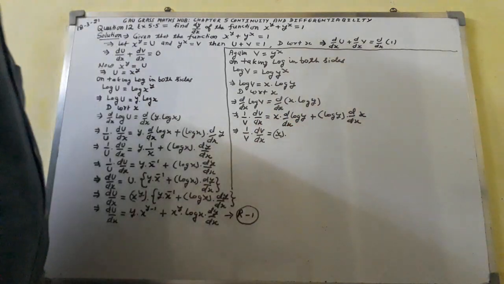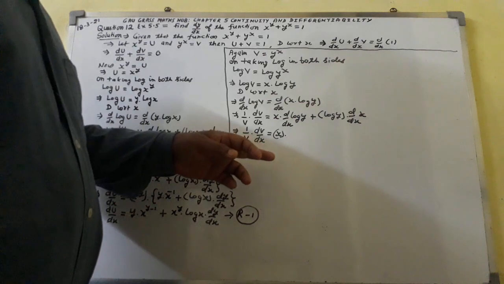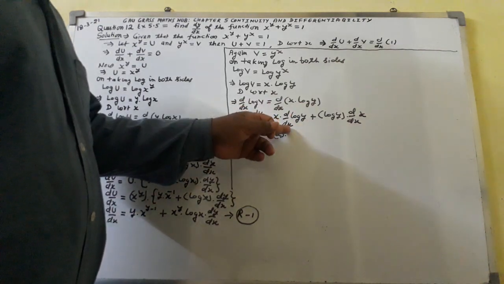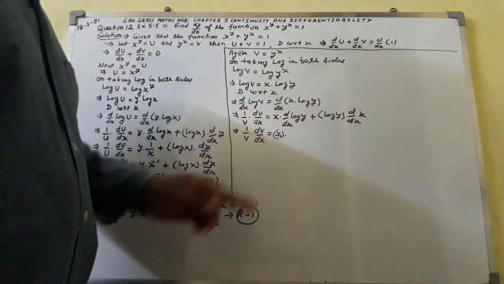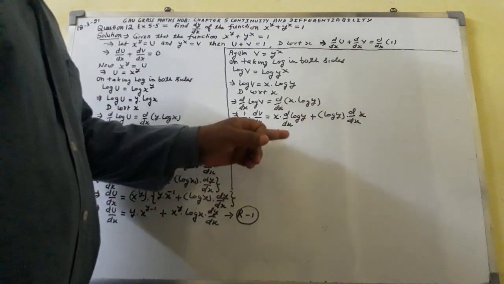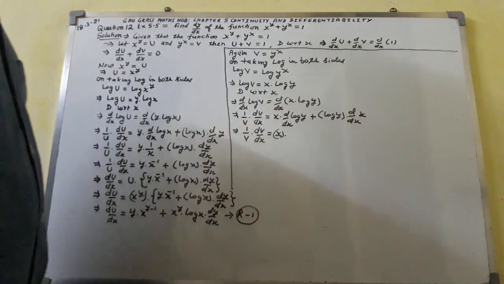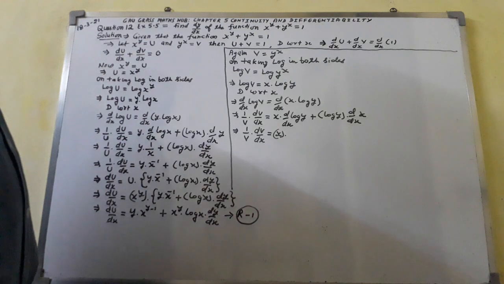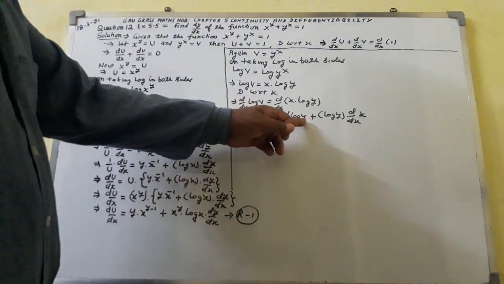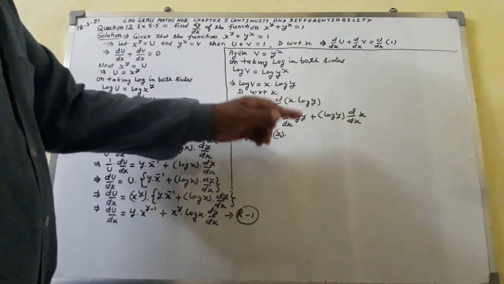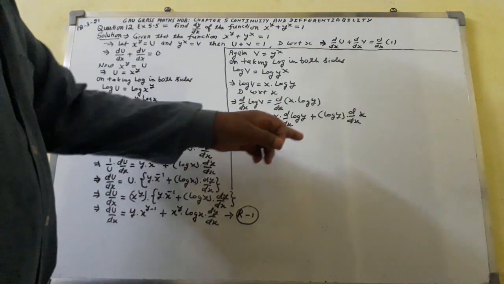x dot here d over dx of log y. In center function y is available, in denominator x is available. That's why d will be conjugated at y. We'll get here dy over dx. We'll multiply 2.